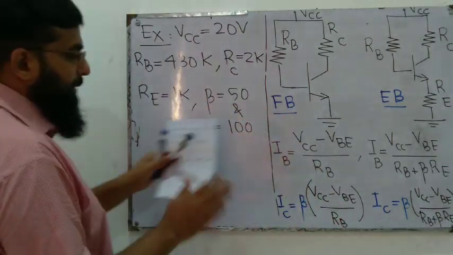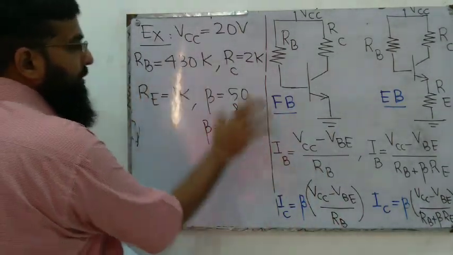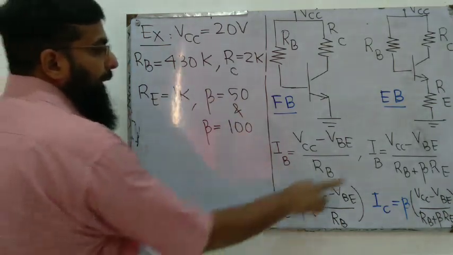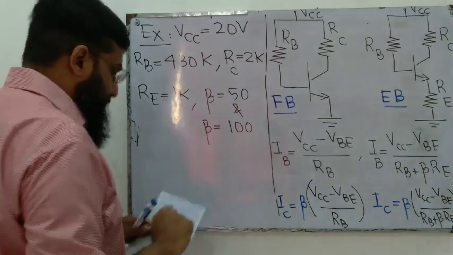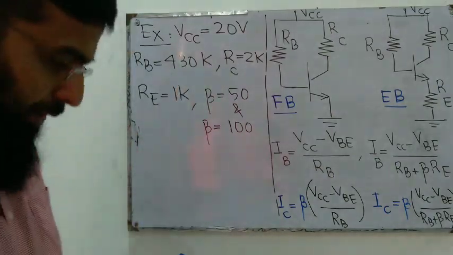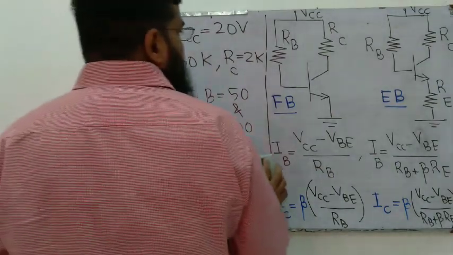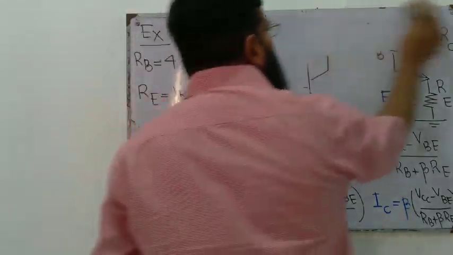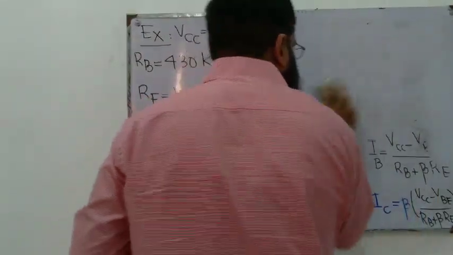In my worksheet, I have put these values in these expressions and have computed IB and IC for these two circuits. So now I will draw these tables.